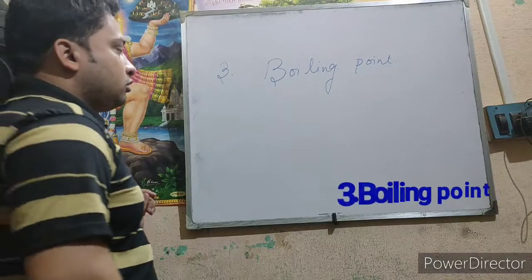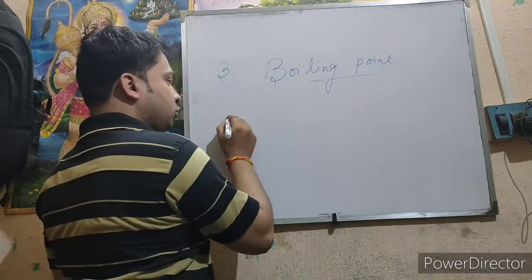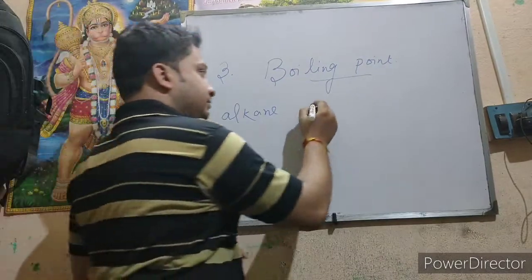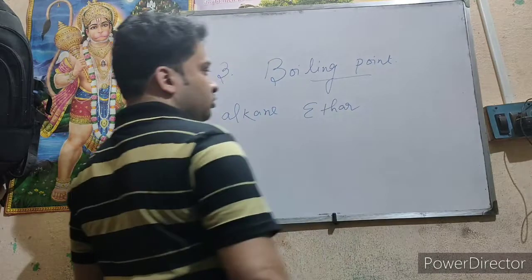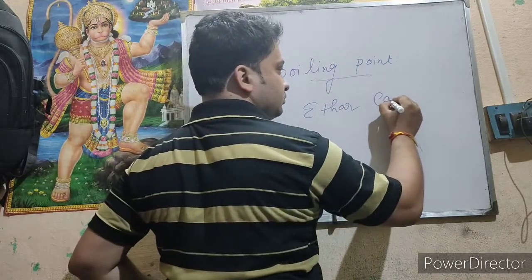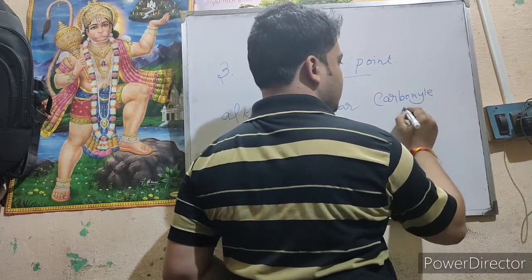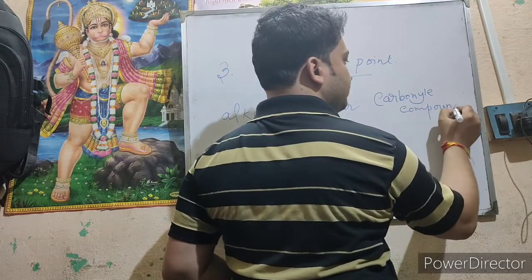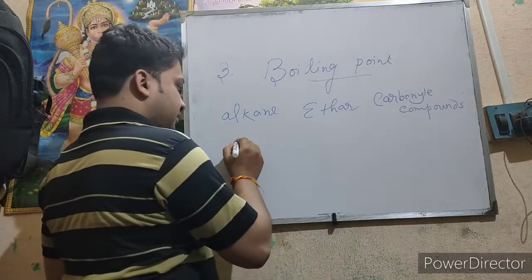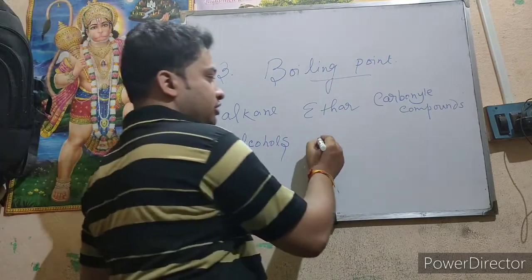If we compare the boiling points, firstly alkane, secondly ether, thirdly carbonyl compounds, aldehyde, ketone, acyl chloride, and then alcohols and carboxylic acids.